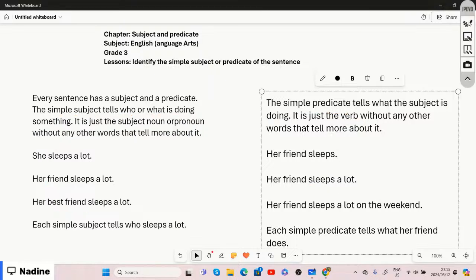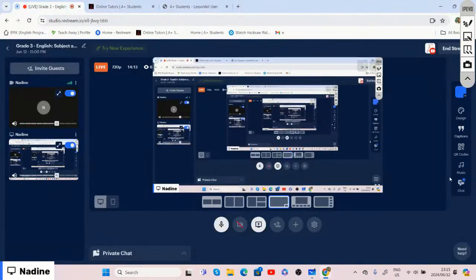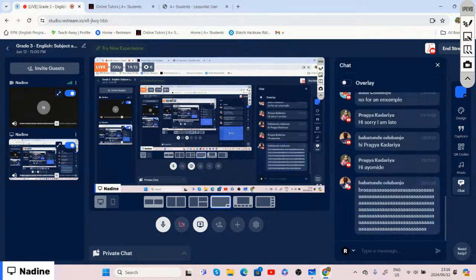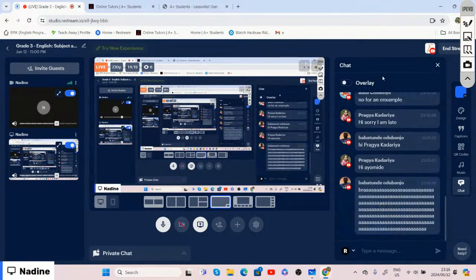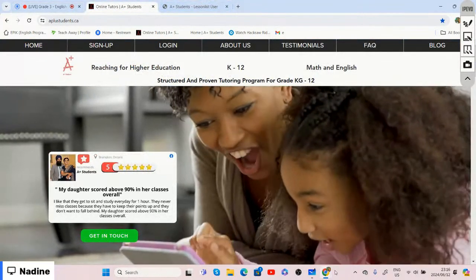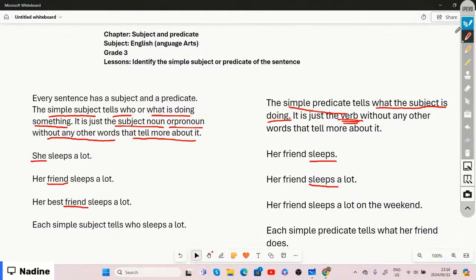And then we have another sentence where it says, her friend sleeps on a weekend. Her friend sleeps on a weekend.